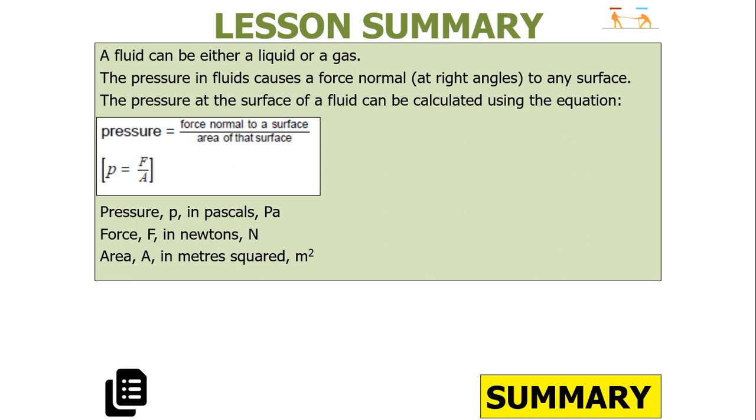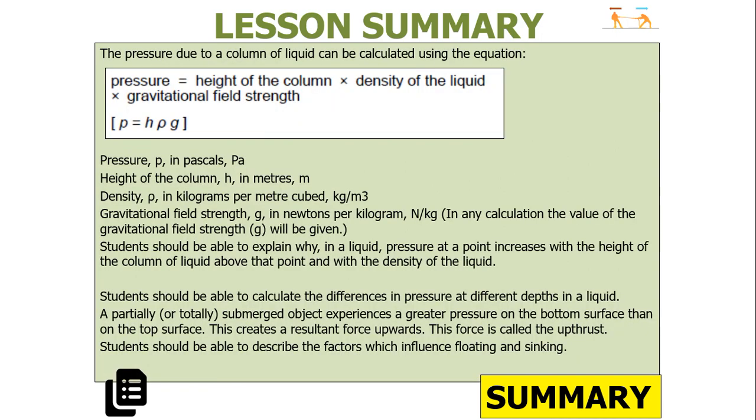So what have we learned in today's lesson? That a fluid can be either a liquid or a gas, and pressure in a fluid is caused as a force normal to any surface caused by the collision of the gas or liquid particles with the surface or with the container, and we can calculate the pressure by saying pressure equals force over area. Now, the pressure due to a column of a liquid or a gas can be calculated by saying pressure equals height times density times gravitational field strength, and this equation is given to you in your examination.